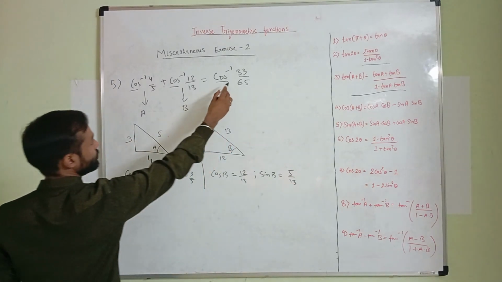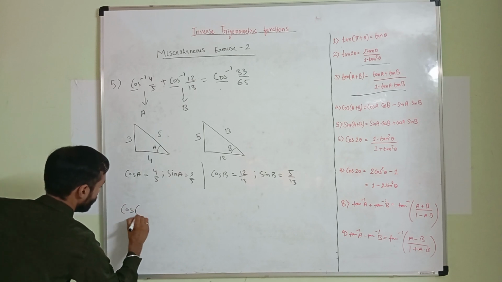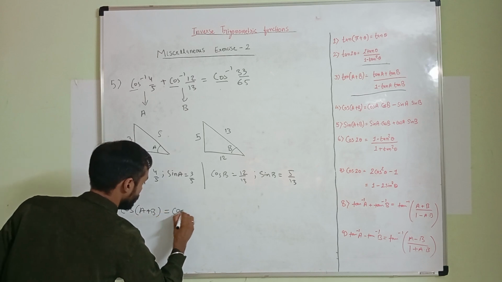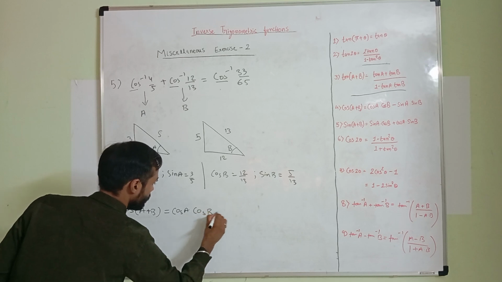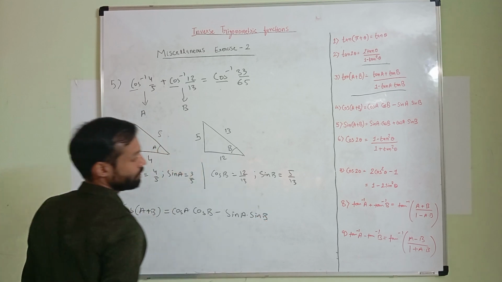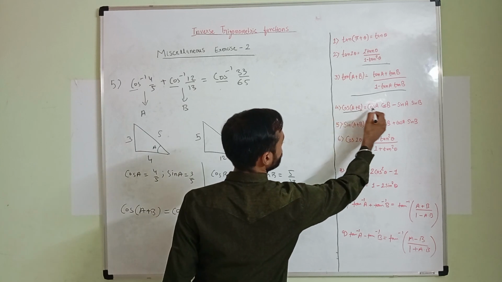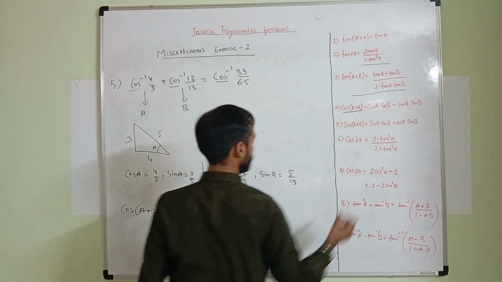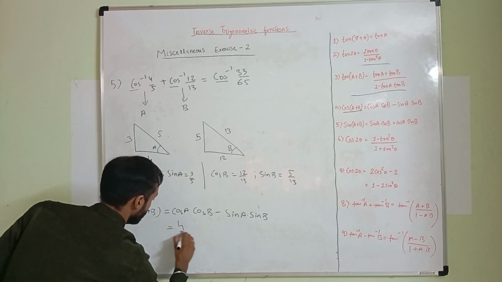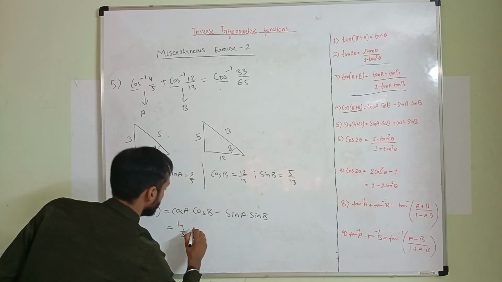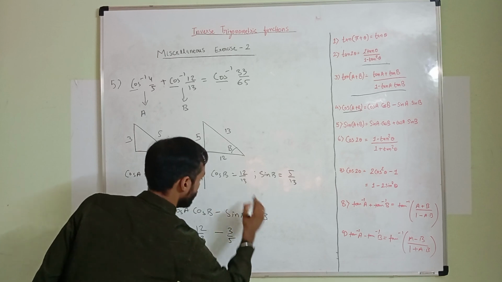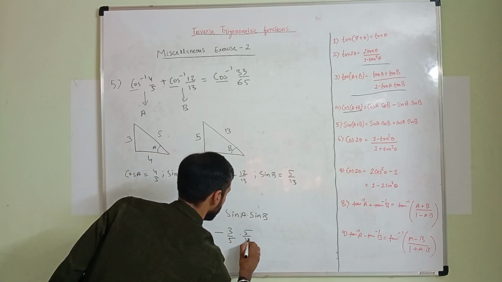Now since cos inverse is given, we will take cos A plus B, and the equation of cos A plus B will be cos A into cos B minus sin A into sin B. Now placing all these values, cos A will be 4 by 5, cos B will be 12 by 13, minus sin A will be 3 by 5 and sin B will be 5 by 13.